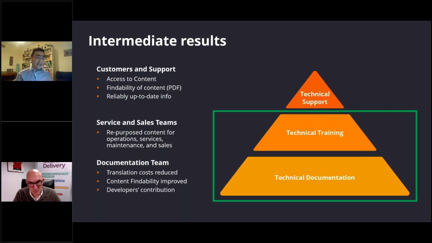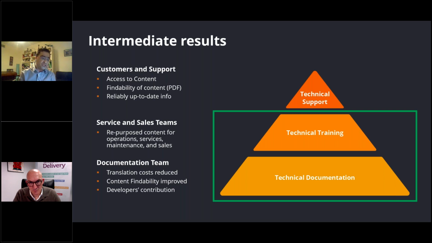Now, the service and sales teams were also among those people who benefited, because now they were able to repurpose the same content for different goals, for different contexts. For example, they were able to create different document types and reuse content across document types.